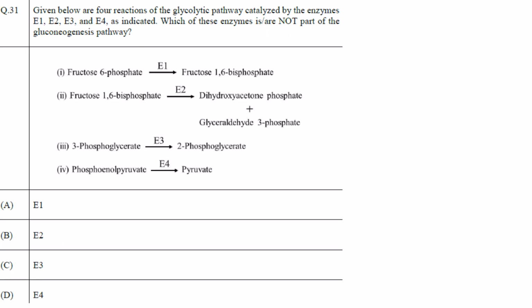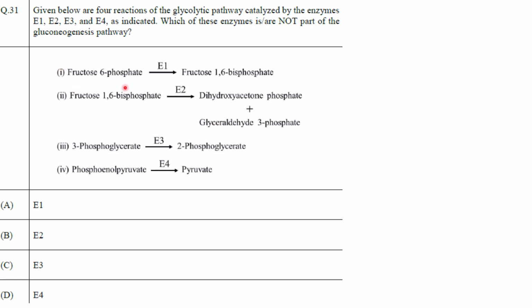Then next one. Given below are 4 reactions of the glycolytic pathway catalyzed by the enzymes E1, E2, E3, E4 as indicated. Which of the enzymes is not part of the gluconeogenesis pathway? Glycolysis and gluconeogenesis can be reversed. If you reverse glycolysis, it is gluconeogenesis. But certain enzymes will change for specific reactions.